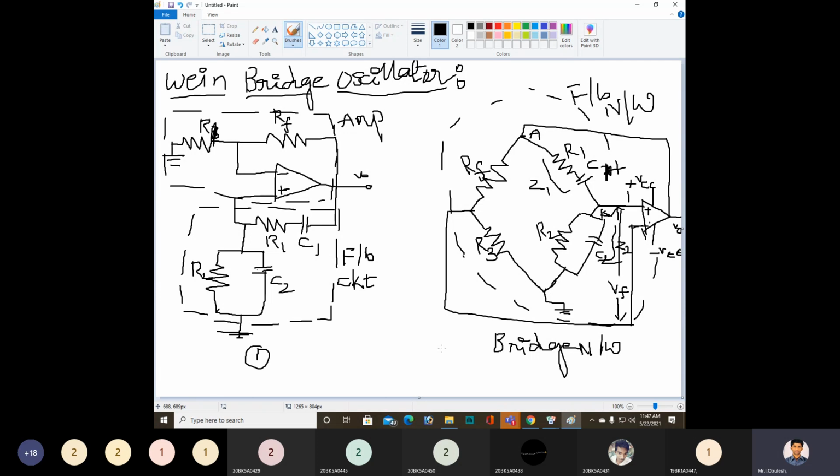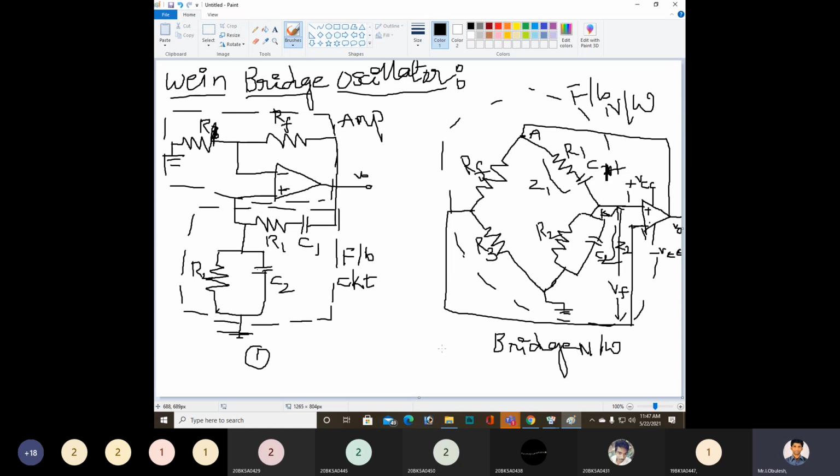The feedback signal in this circuit is connected to the non-inverting input terminal.